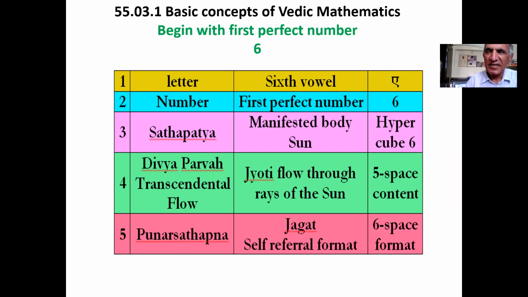Ganita Sutras are organized as 16 sutras, with the first sutra preserving the structural keys for all the sutras. The first letter of the first sutra, as such the first letter of the text of Ganita Sutras in their entirety, is the 6th vowel.